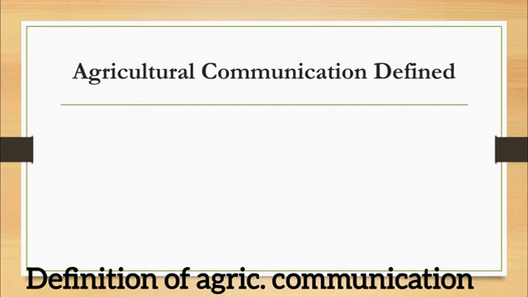So what is agricultural communication? Basically, agricultural communication is the transfer of information, ideas, messages, agricultural concepts from extension agents to farmers. Now, the extension agents here are not usually the source, but the core source of these new innovations comes from the innovation incubation centers.